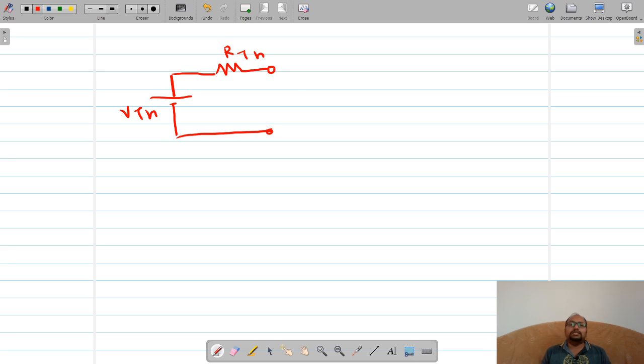Now Norton's theorem is again a similar kind of circuit, but here you have to find the equivalent current. This is called Norton's current, with a parallel resistance, which is nothing but the equivalent resistance that you find, as you did for Thevenin's circuit.